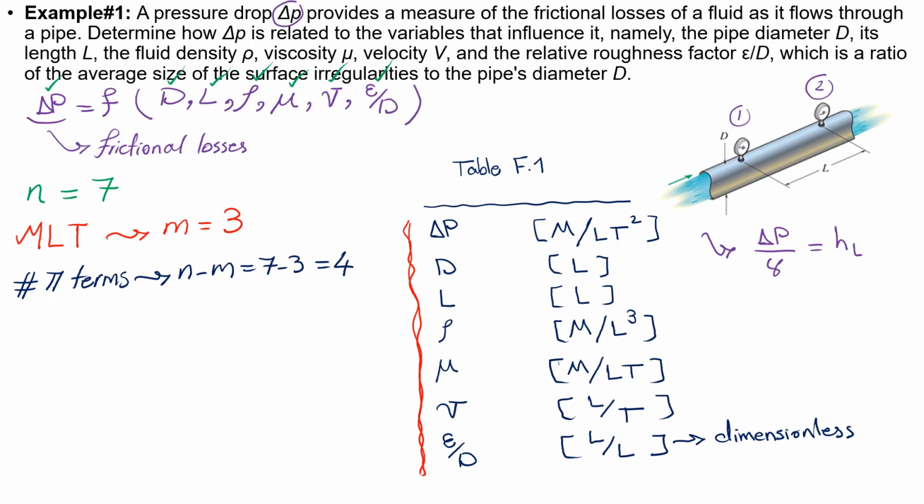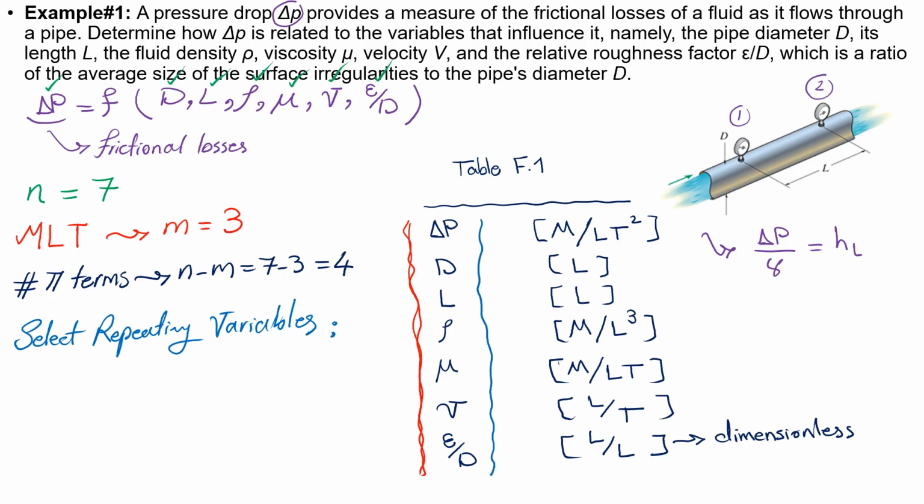Perfect. Now, another step is to find or select the repeating variables. All right. Repeating variables are easy to find. We just need to find 3 of these variables that I have listed here. Those 3 collectively should have all MLT dimensions, right?